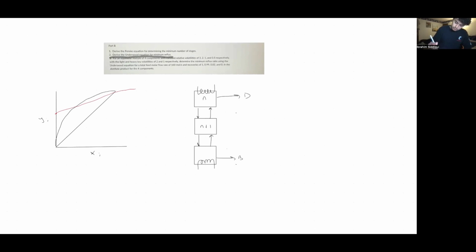Let's redo that. The line might be better. So let's say we have an operating line that goes somewhere between here. Let's go ahead and draw some stair steps for this. And when we do that, let's start at here.